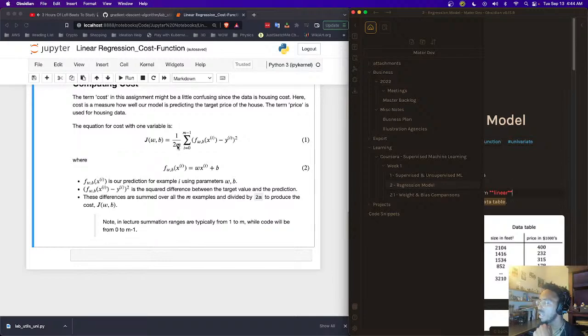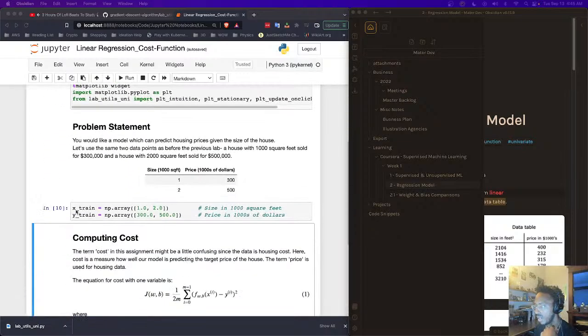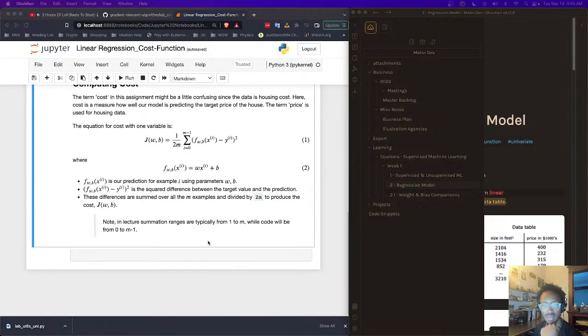Instead of making one two-dimensional array that includes both our x's and our y's, we're just going to use our x training data to get this m, because we know that our y training data is always going to be the same size as our x training data. So m is basically going to be the length of x_train here. Okay, so next part.